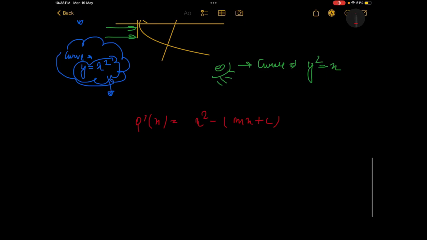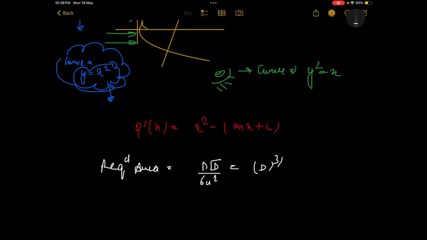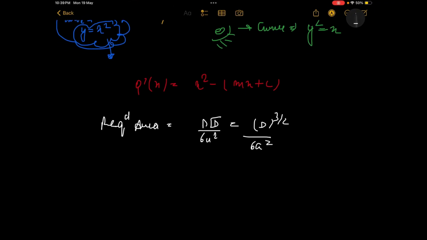So our required area would be nothing but D root D over 6a squared, which is D to the power 3 over 2 upon 6a squared.